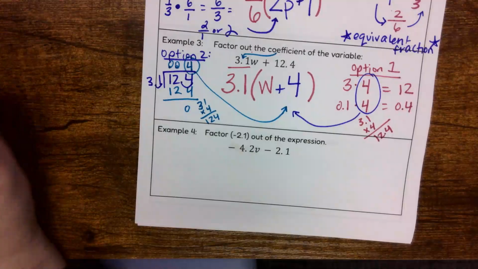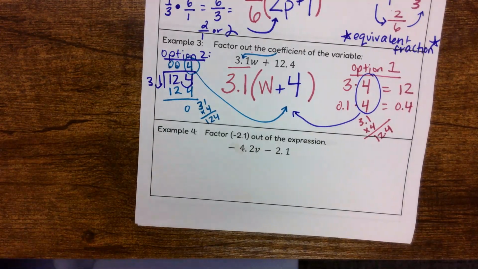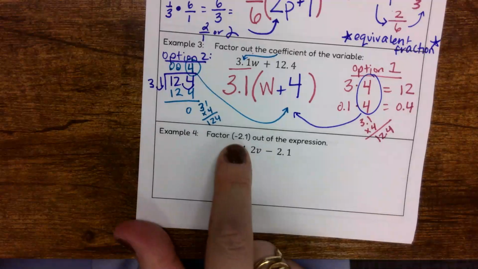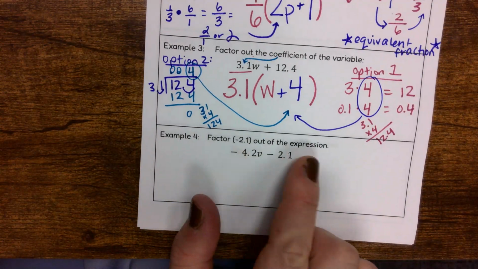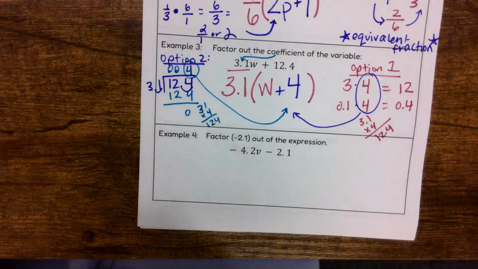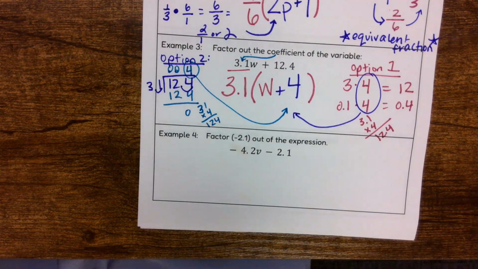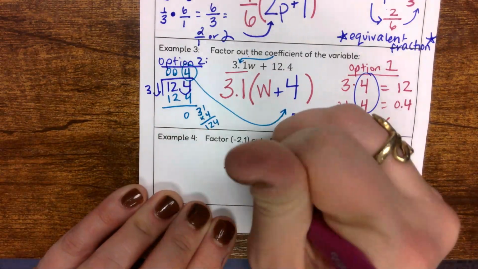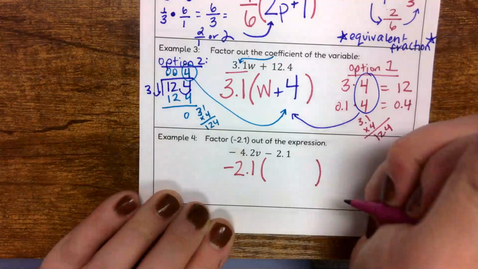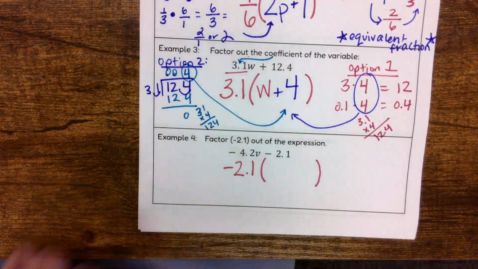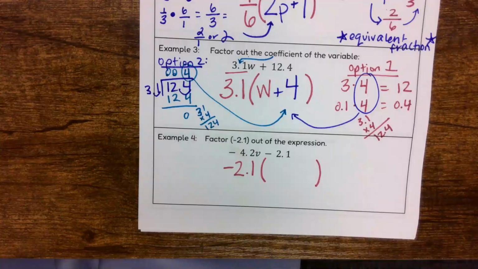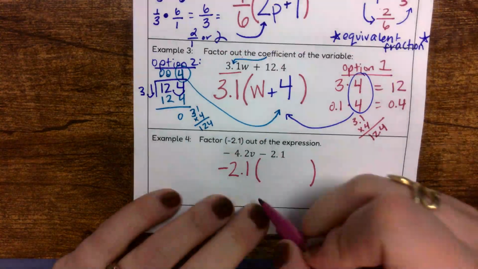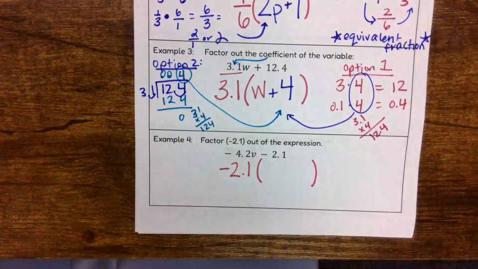And last but not least, we are going to factor negative 2.1 out of the expression. So this is saying it wants negative 2.1 in front of our parentheses. So when we do that, okay, negative 2.1 times what gives us 4.2?